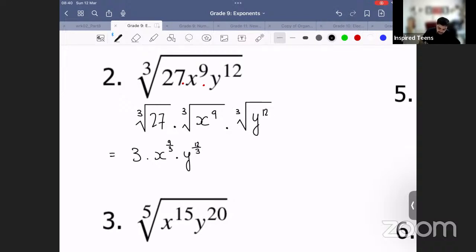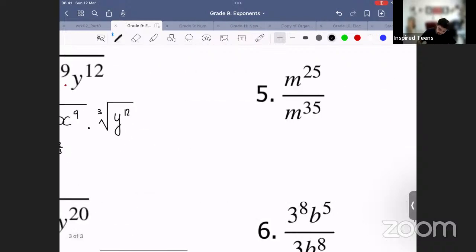Then when you simplify them, this becomes 3 times x to the 3, since 9 divided by 3 is 3, times y to the 4. We'll continue adding different bases with different exponents.